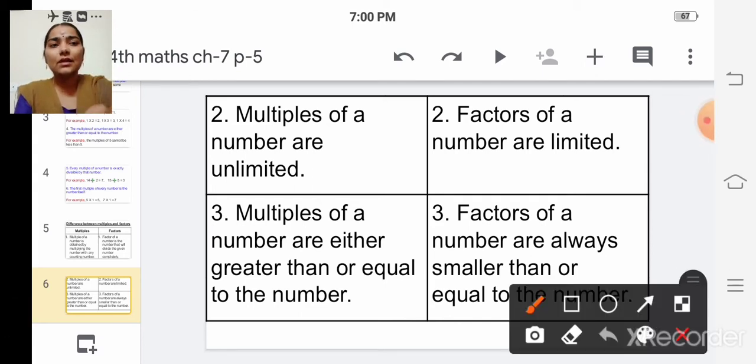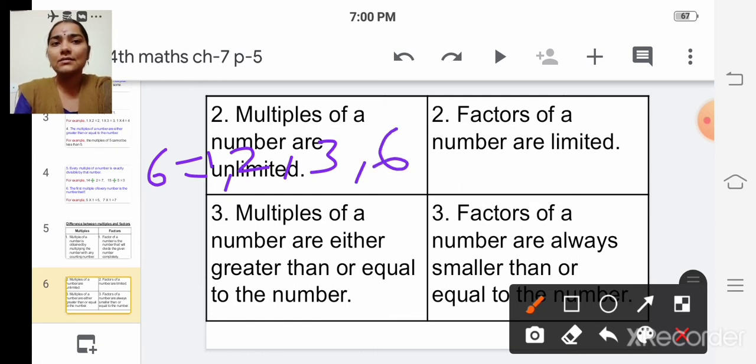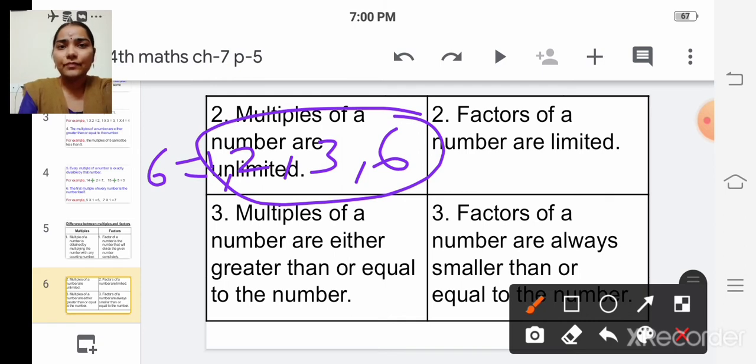What are the factors of 6? 1, 2, 3, 6. These are the factors of 6. Will any other number come here? No. So there are 4 factors for the number 6.